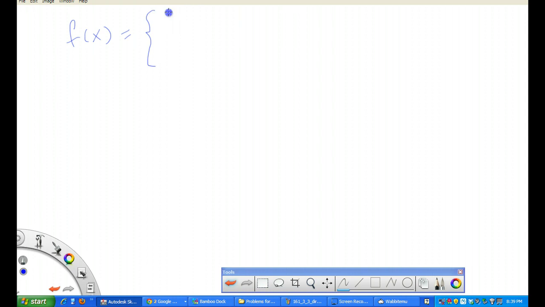So something like f of x equals 5x plus 2 if 0 is less than or equal to x is less than 3. Or f of x equals x cubed, the function x cubed, if x is between 3 and 5. Okay.